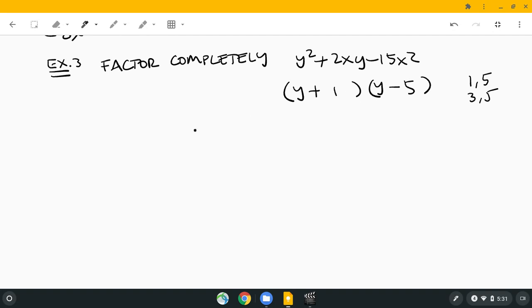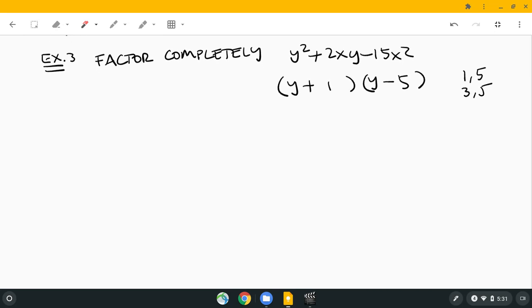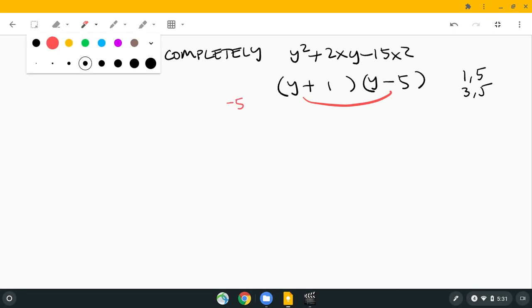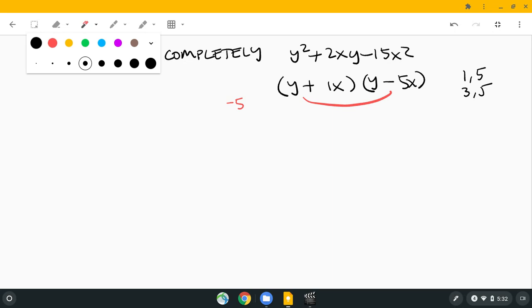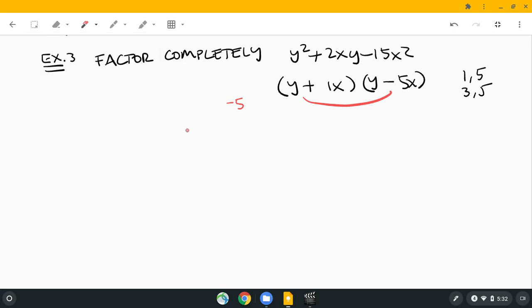When I multiply the outside, because now I'm checking the middle to see if I get 2xy, oh, I forgot the x, because we're trying to make 15x squared. So we need 1x and 5x. Let's check. When I multiply the outside, I get negative 5xy, and when I multiply the inside, I get positive 1xy. That gives me negative 4xy.